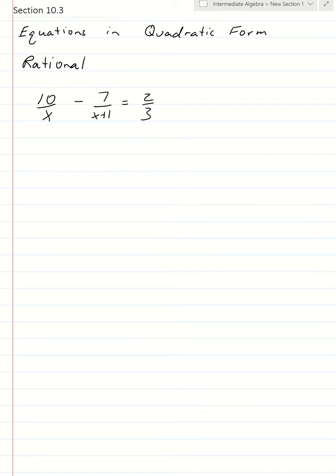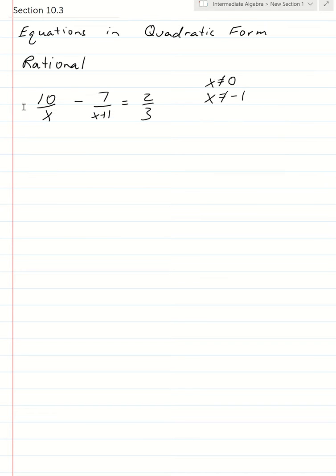Now this is a rational equation, and you may recall when we solved rational equations in chapter 8, it was a 6-step process, and step 1 is already done for us because the denominators are already factored. Step 2, we have to identify restrictions, and so x can't equal 0 because of the first fraction, as well as x can't equal -1 because of our second fraction.